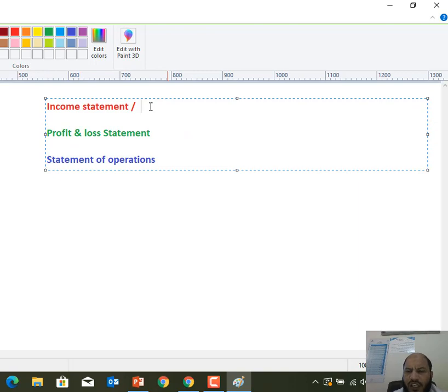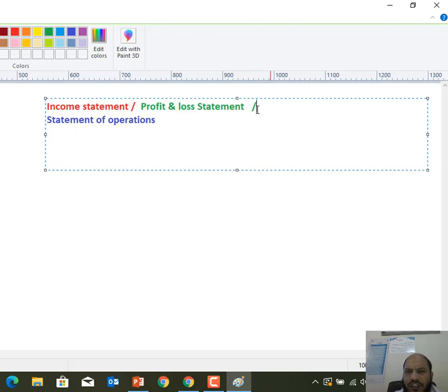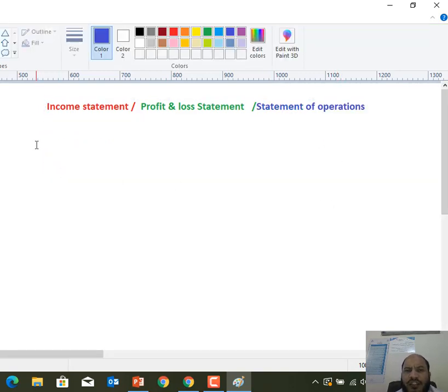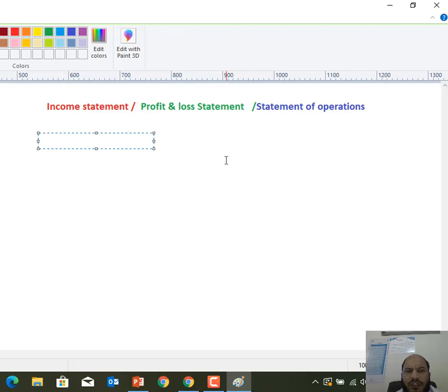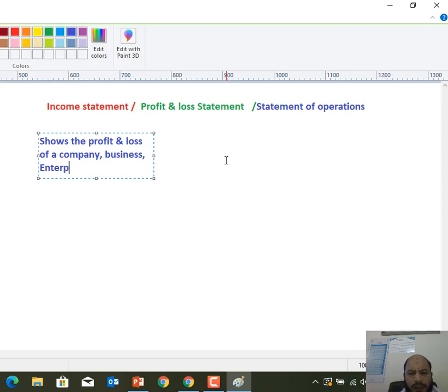So if someone asks about the income statement, do not hesitate to answer them that it is a statement which shows the profit and loss of a company or business, we may say company, business, enterprise or entity.